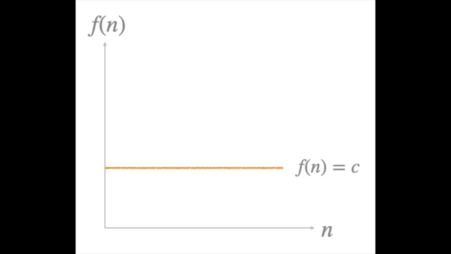the constant function. So the constant function basically doesn't change at all even if the input changes. So your function could be f(n) is equal to 10 or 100 or any number that you can think of. Doesn't really matter. If my input n goes from 5 to 6 or 500 to 501, the output is just the same.